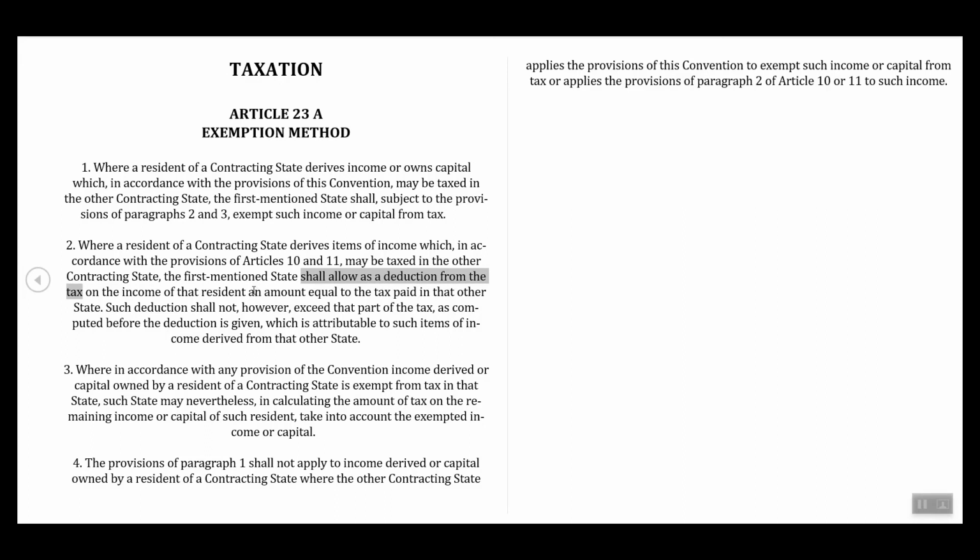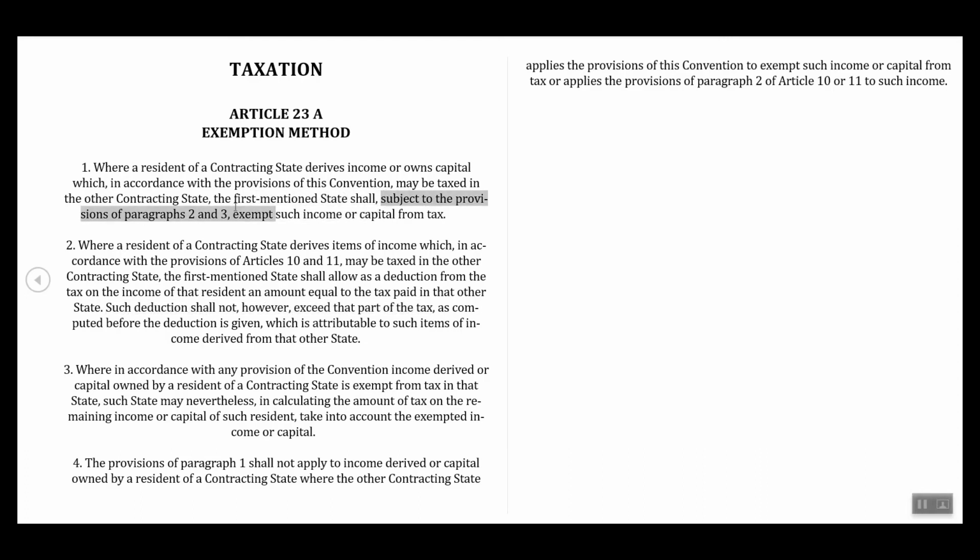Shall allow as a deduction from the tax an amount equal to the tax paid in Far Western. Such a deduction shall not, however, exceed that part of the tax, blah blah, the German tax. Plain and simple again.